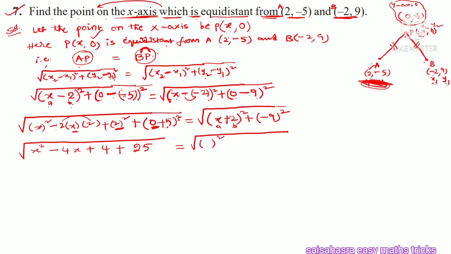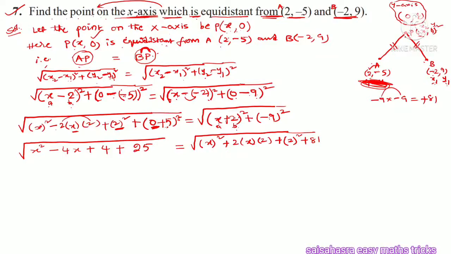A value square, a value is x, plus 2 into a into b, so a is x, b is 2, plus b value square, b value is 2, so that one square, plus minus 9 whole square means minus 9 into minus 9. Minus into minus is plus, 9 into 9 is 81. So we can write this is 81 only. Some students will write this as minus 81, but here minus into minus will become plus.